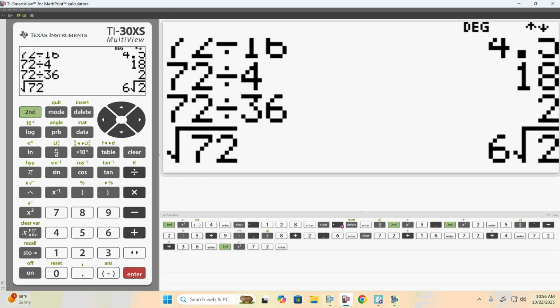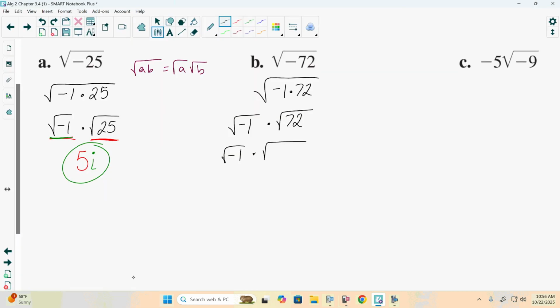It is 6 square roots of 2. The reason this works is because 72 is 2 times 36. The square root of 36 is 6. So we can't simplify our square root of 2. And what did we say the square root of negative 1 is? It is i.